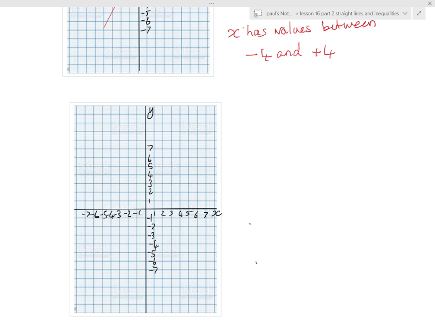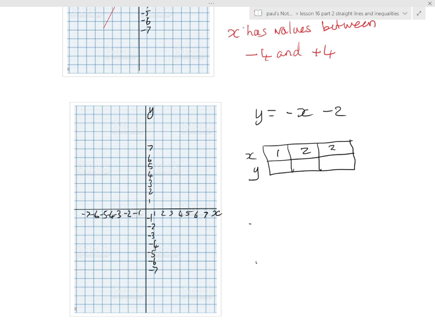So how about y equals minus x minus 2. Right, so we've got some negative numbers. So a table of 1, 2, 3, x and y. We're going to put the same values, saves us doing too many negative things.